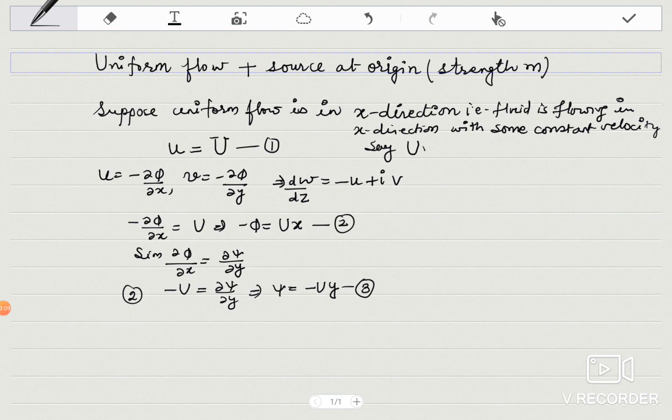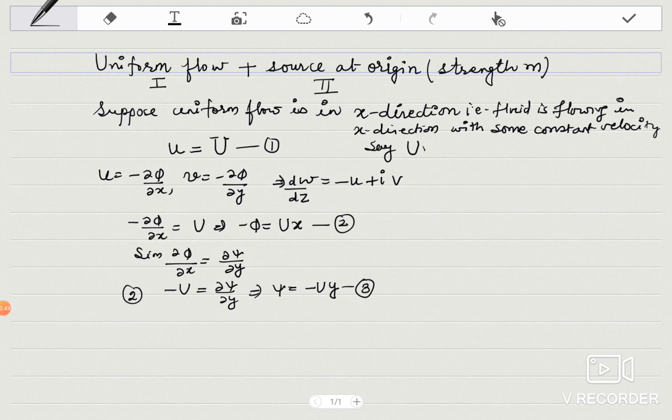Now combining 2 and 3, I may write the complex potential. You are studying flow problems with the help of the complex potential technique. What is the first step of this technique? First of all you find phi, you find psi, and with the help of those phi and psi we create the complex potential function. In this case we are considering the first part, the uniform flow, together with the source of strength m at origin. In the first part I have found phi is equal to minus Ux and psi is equal to minus Uy, given by 3.